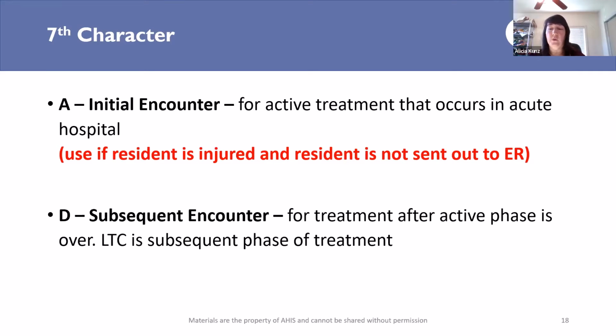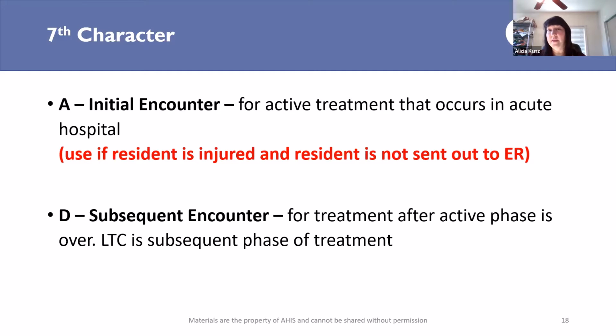You're not going to cast that or do anything for that. The physician just prescribed a sling, so they kept him in a sling, and we're just very careful not to yank them by that arm or hurt that shoulder. So in that case, they were able to code the clavicle fracture with the letter A for initial encounter or active treatment, because they were the only ones who were going to be providing treatment to that resident.